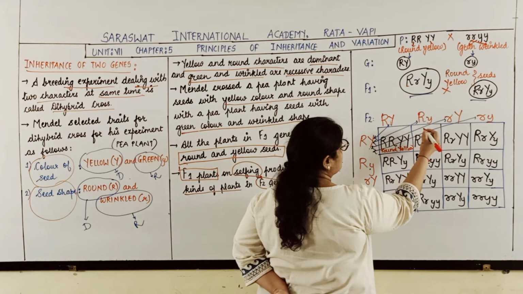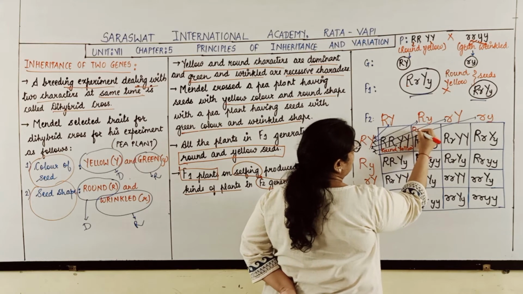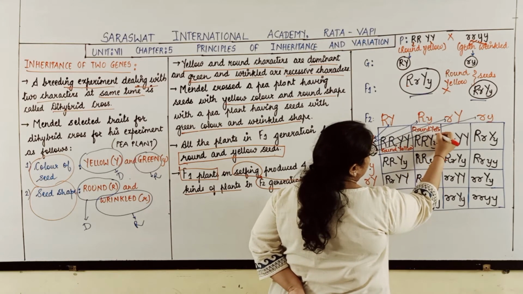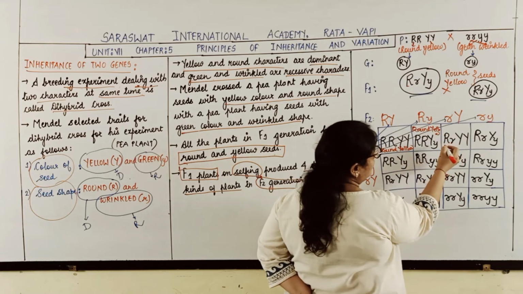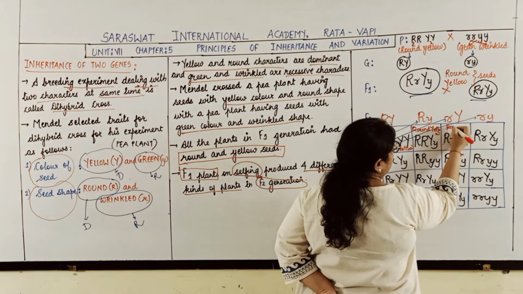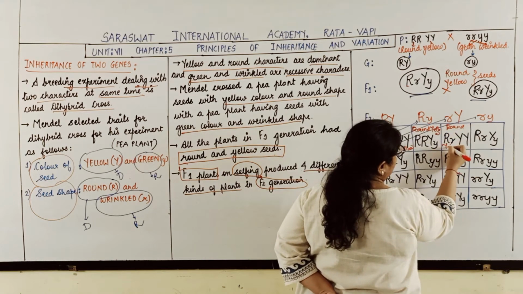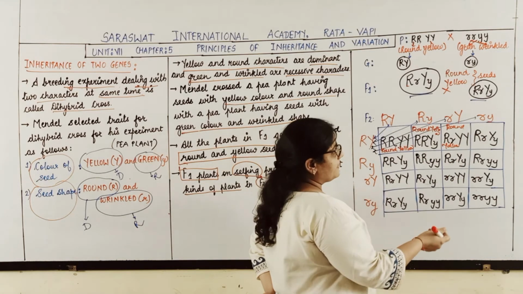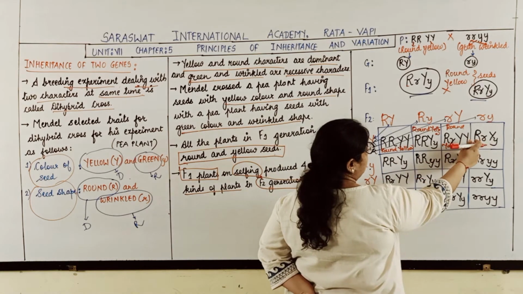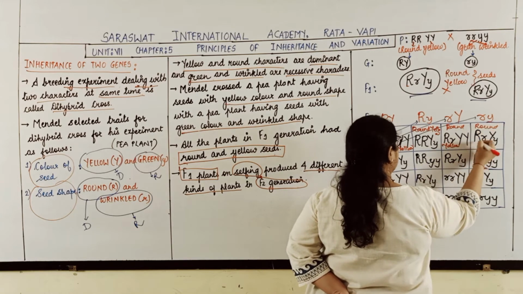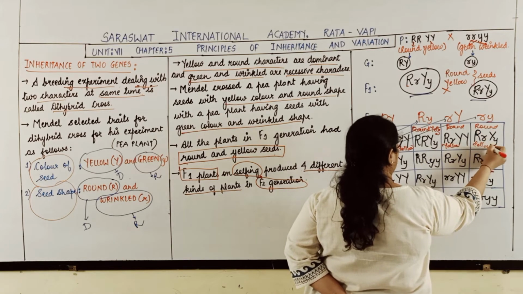Here also, round and yellow. Here also capital R is dominant over small r, so it will be round, and yellow for Y. Same way here, both are different but capital R is dominant, so here also we obtain round and yellow.